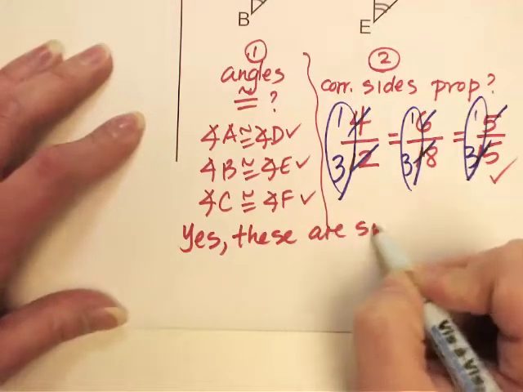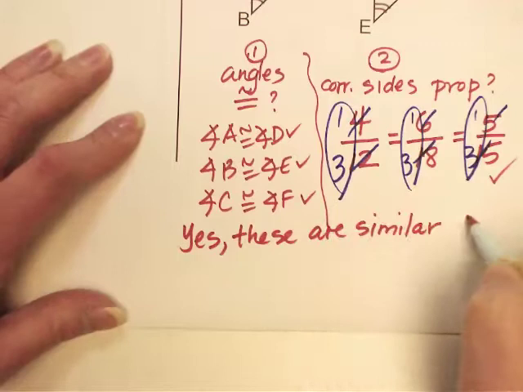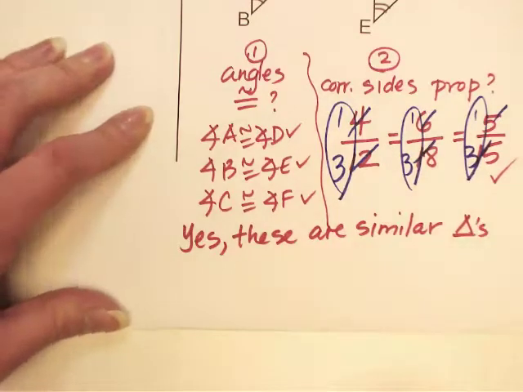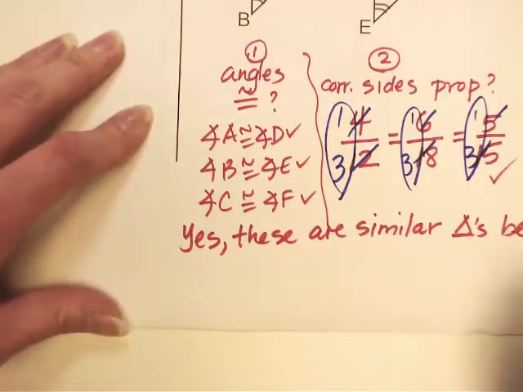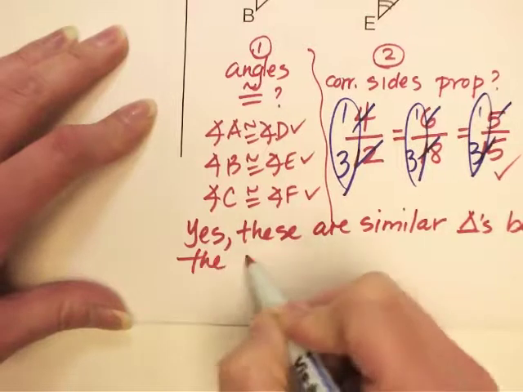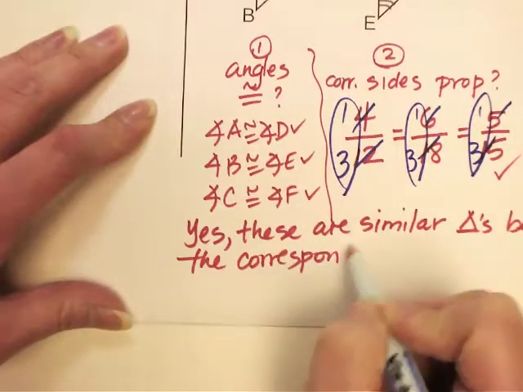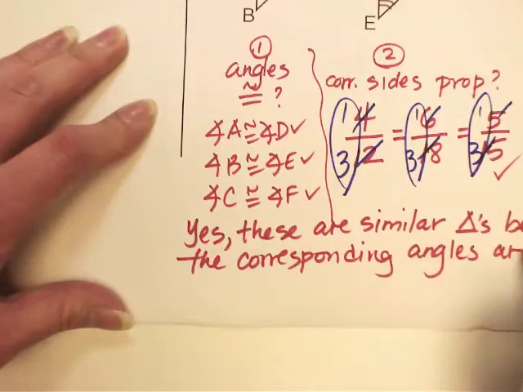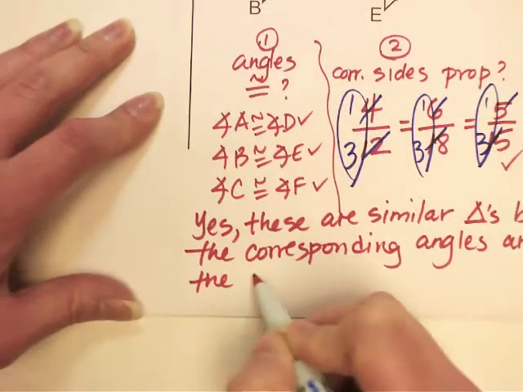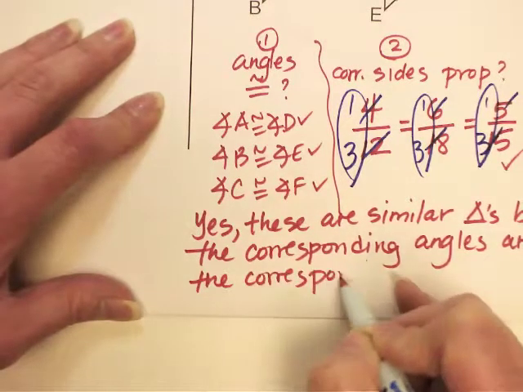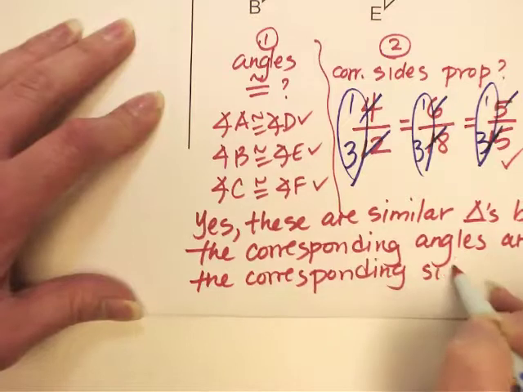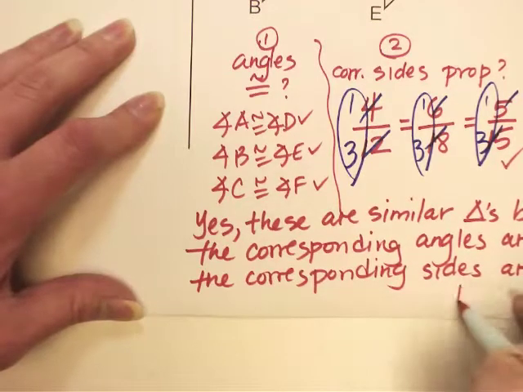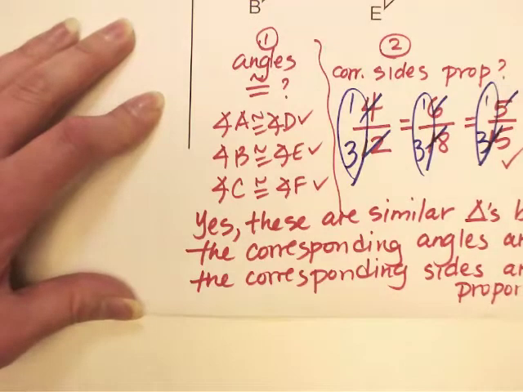These are similar, I'm going to use a little notation, triangles, because the corresponding angles are, I'm going to use a symbol again, congruent, and the corresponding sides are proportional. So that would be my formal answer for this question.